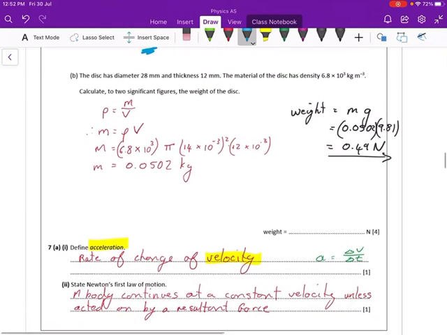Then the disc has that diameter and that thickness. Again, similar type of question. To 2 significant figures, please calculate the weight of the disc. So we go through the whole thing again. There's my volume, which is area, pi radius squared, times height, times the density, which gives me a value of mass in kilograms.